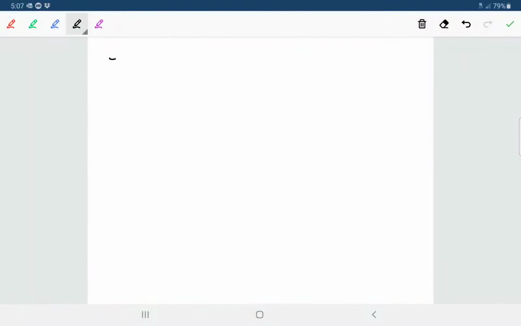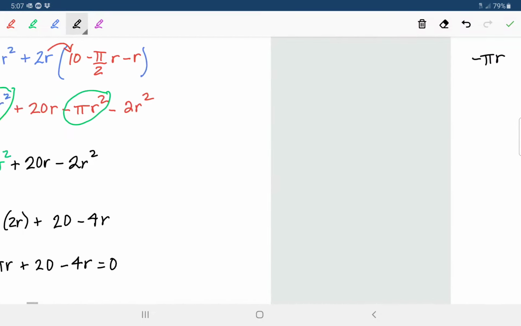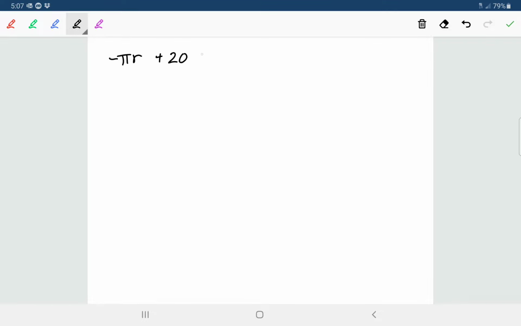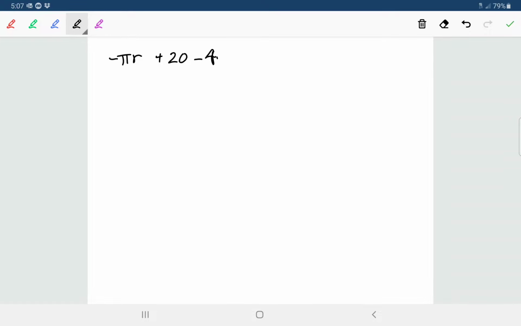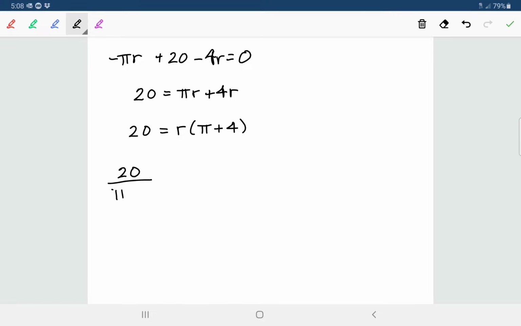We're trying to find the critical value for r, so we need to solve for r. 20 is equal to pi r plus 4r. Factoring out the r, we get pi plus 4, and dividing through by pi plus 4, r is equal to 20 divided by pi plus 4.